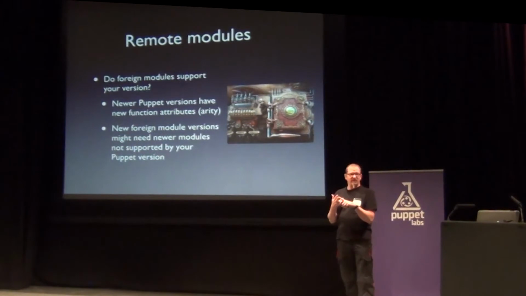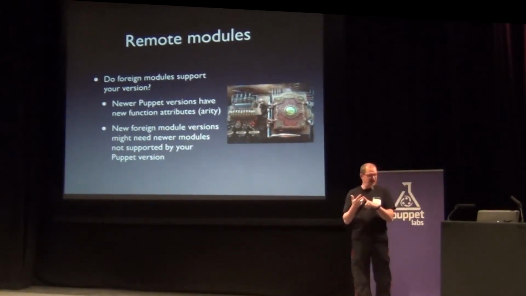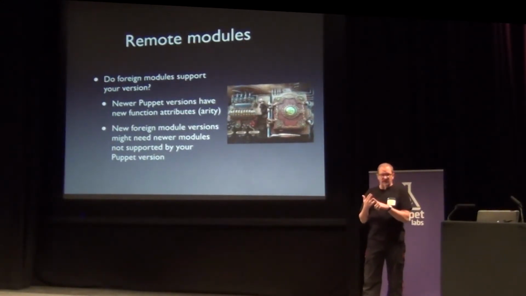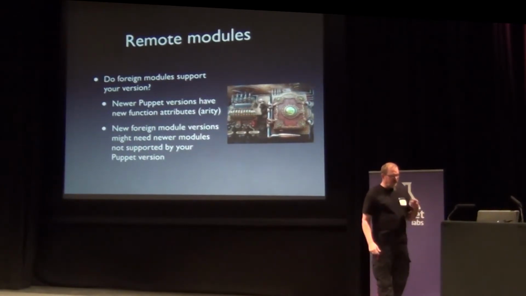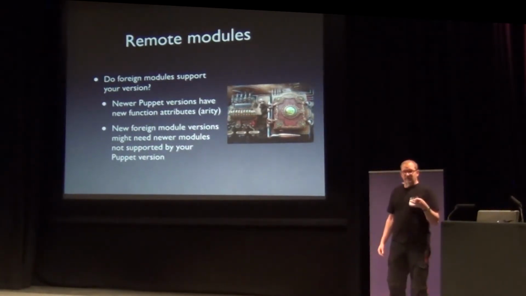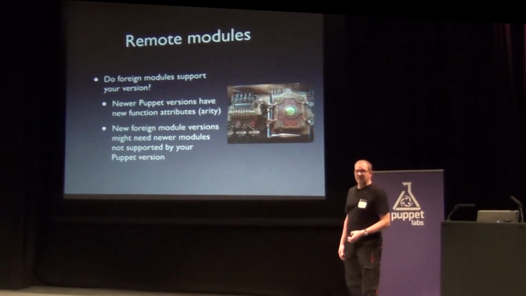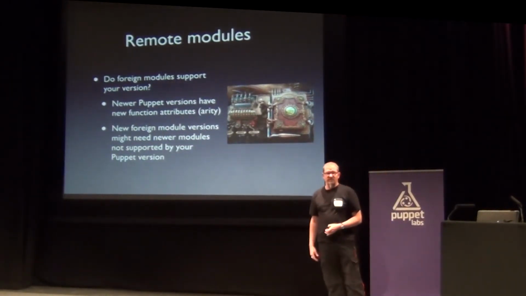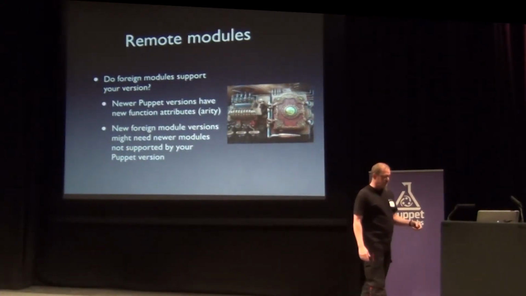Inside the module, you will definitely find one or maybe even two files. There's the Puppetfile, and there's the metadata.json file, I suppose. So take care if you update not your Puppet installation, the Puppet code which comes from Puppet Labs, but remote modules, maybe remote modules need newer Puppet versions to be functional.